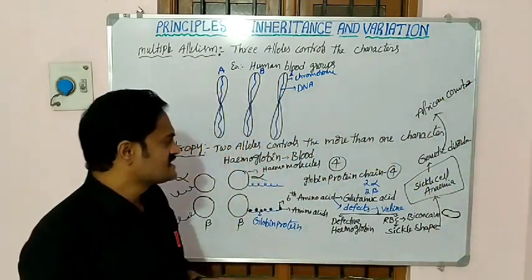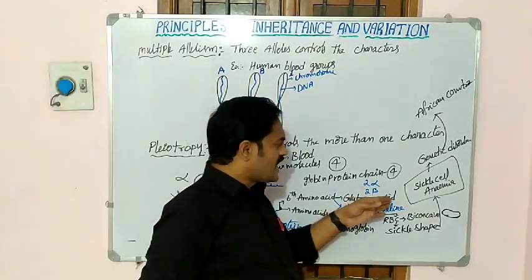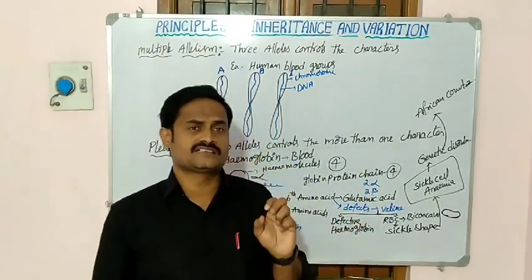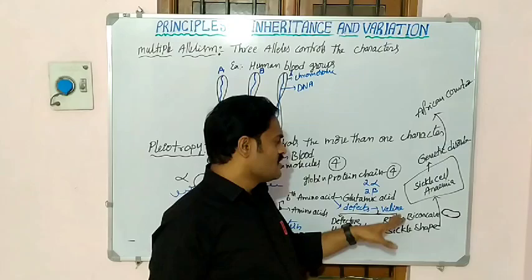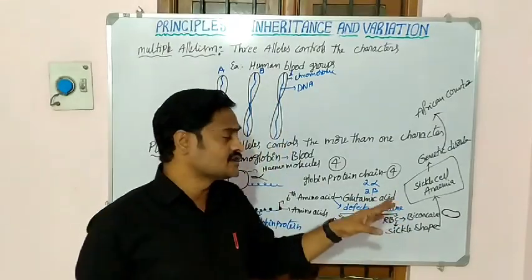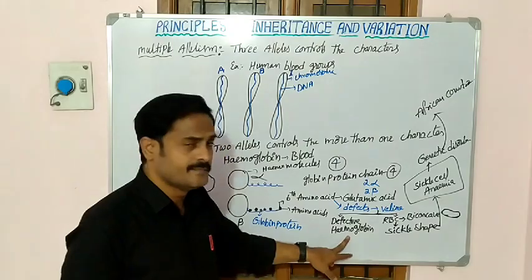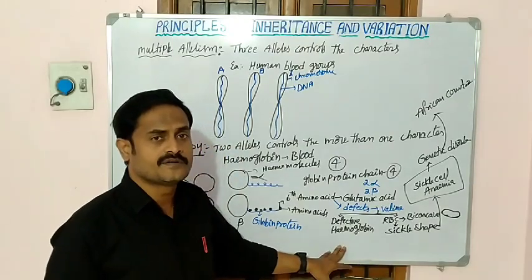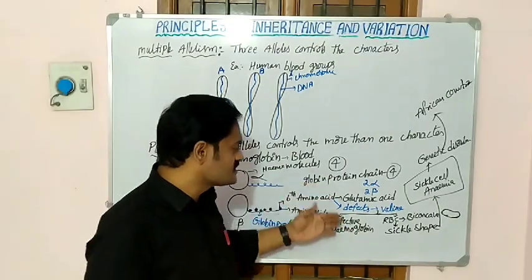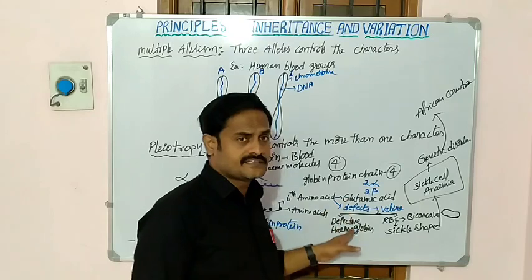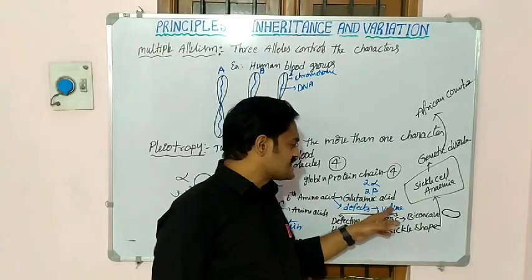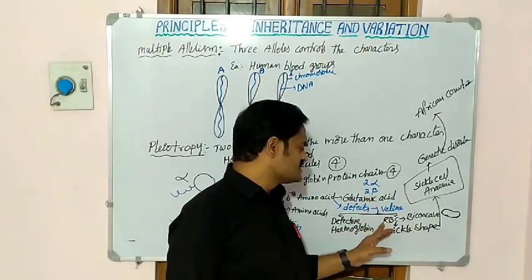So here two characters are controlled by the gene. What are the characters controlled by the factors? One character is hemoglobin: the hemoglobin is converted into defective hemoglobin. What is the second character controlled by the gene?